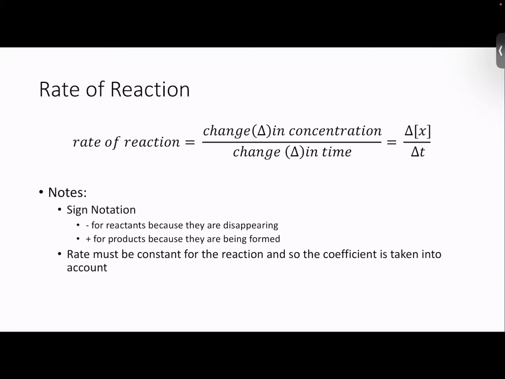The fact is, we use a negative for reactants because they are disappearing. It does not mean negative in the mathematical world. It means what's happening to them. They are disappearing. A positive in front of this equation means that it is products, because the products are forming.